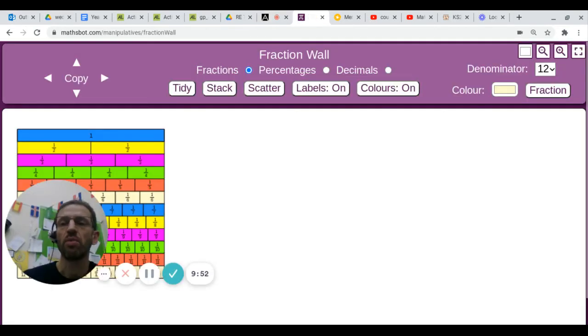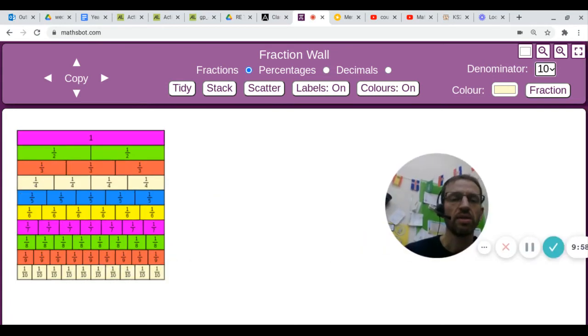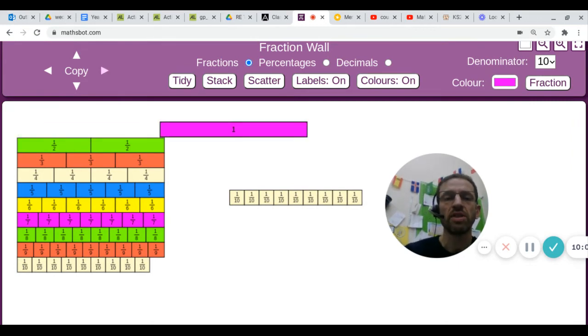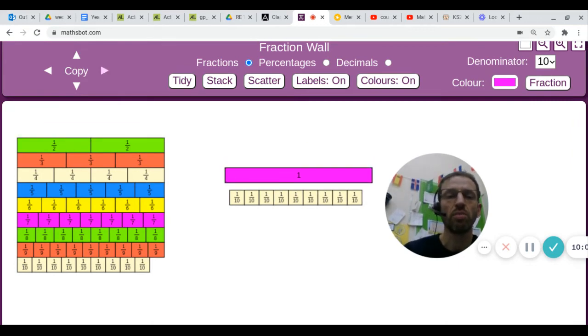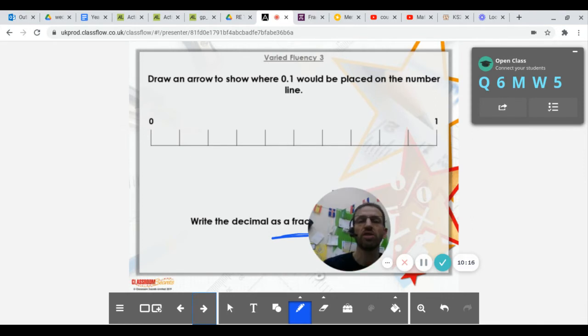If we pop back to this number line, this number wall, and we go to tenths, if we've got our tenths, we know that 10/10 make a complete 1. 10/10 make a whole 1 here. That's going to help us think about this, because we've got 10 jumps to get to 1, I hope.